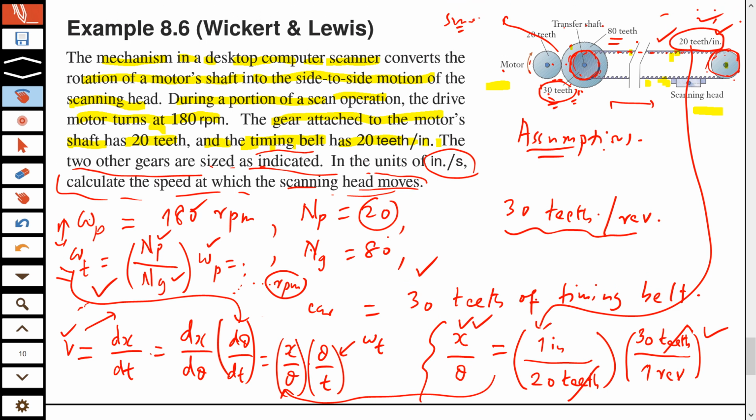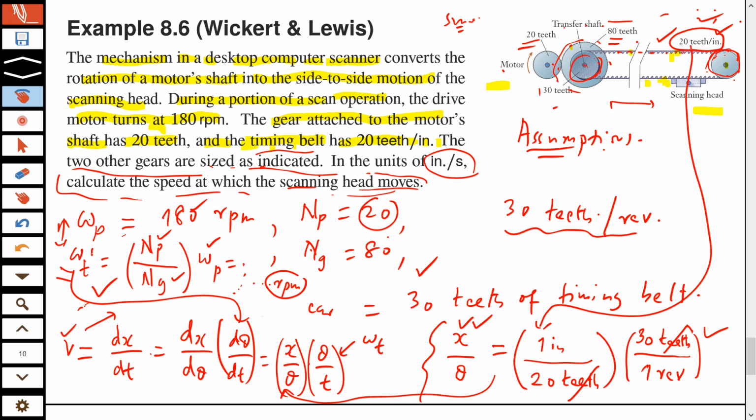Let me explain the trick in this. The trick was that you have to recognize two things here. You have to recognize the synchronous motion of these two, the 20 teeth gear and the 80 teeth gear. Synchronous motion just means that at the mesh their linear velocity is the same. But the two gears on the transfer shaft, the 80 teeth one and the 30 teeth one, must have the same angular velocity as well because they are on the same shaft.